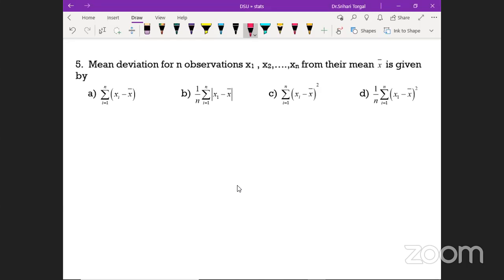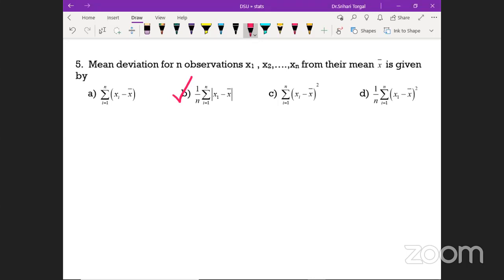The mean deviation for n observations x1, x2, ..., xn from their mean x bar is given by the sum of xi minus x bar. Mean deviation indicates you have to take the difference and then sigma 1 by n. Yes, B is the answer. Why not D?